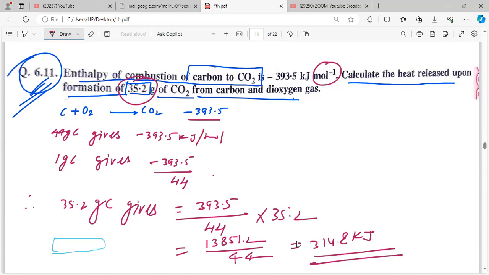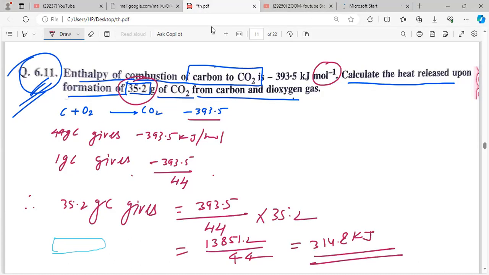You can check back the answer also if you want. 314.8, correct. So last step I am doing. Let me check once. Okay, you take, no problem.